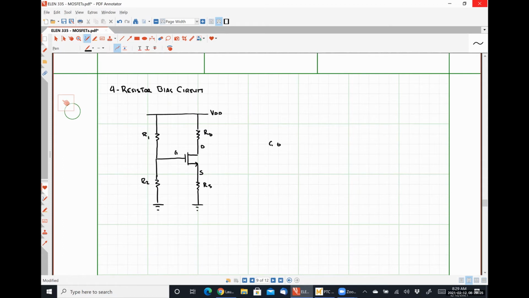Here's my gate. Here's my source. Here is my drain, all right?